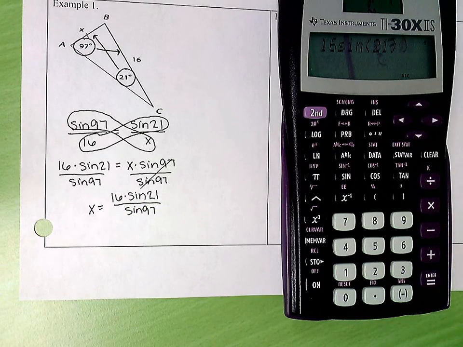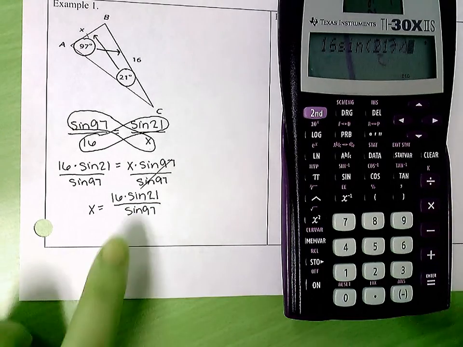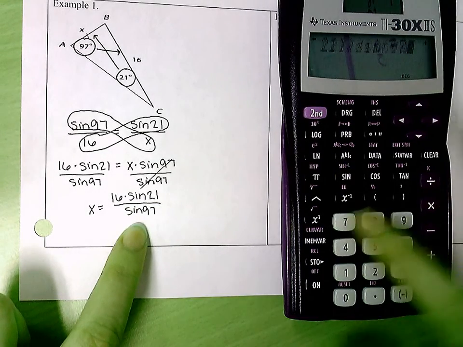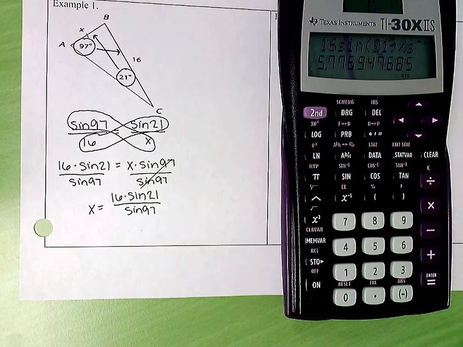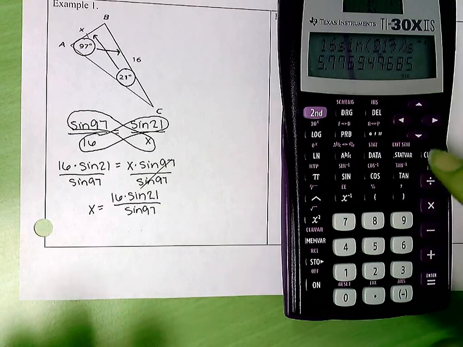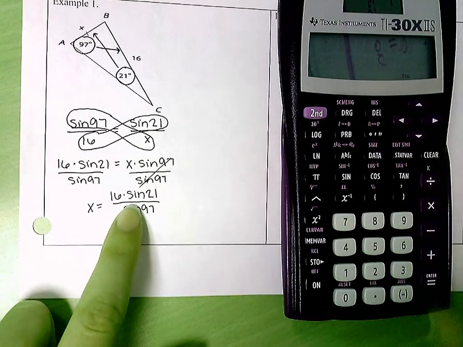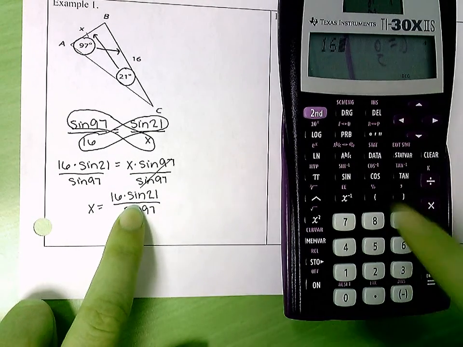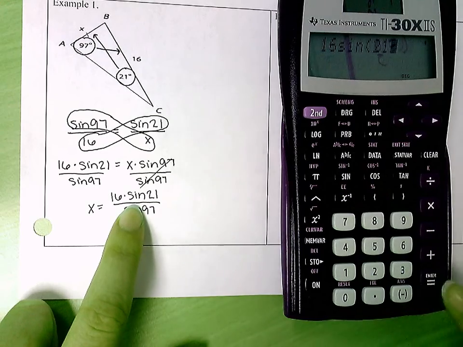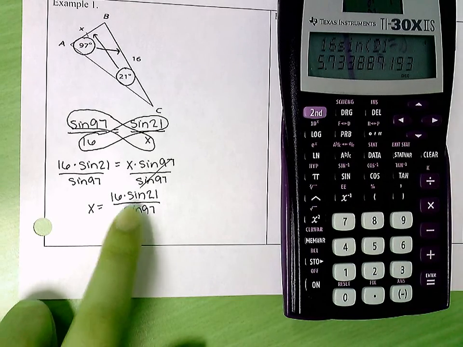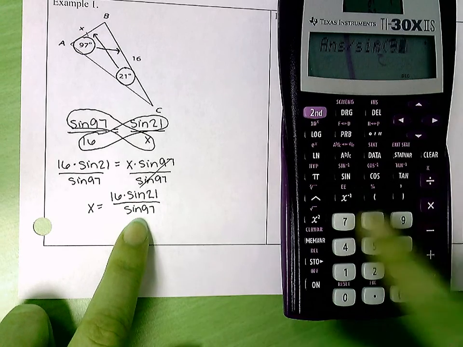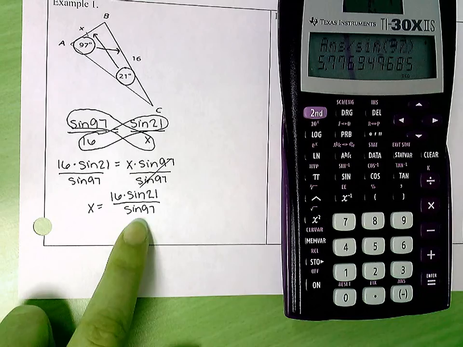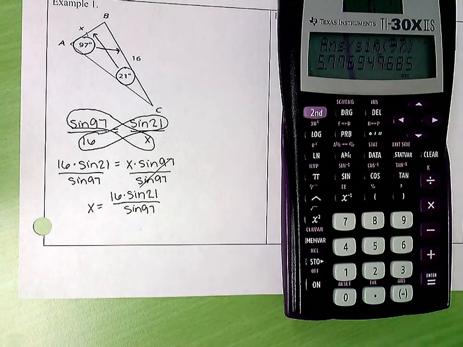You have to do that if you want to just divide right away by sine of 97. You can do it that way, or just type in that numerator first, 16 sine of 21, equals, get that decimal, then divide by sine of 97. You should get 5.78.